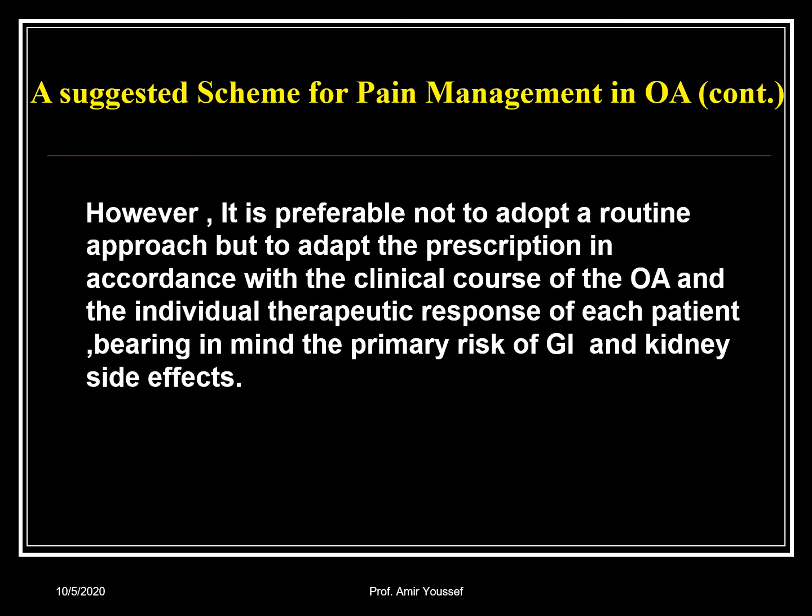However, it is preferable not to adopt a routine approach, but to adapt the prescription in accordance with the clinical course of osteoarthritis and the individual therapeutic response of each patient, bearing in mind the primary risk of GI and kidney side effects.